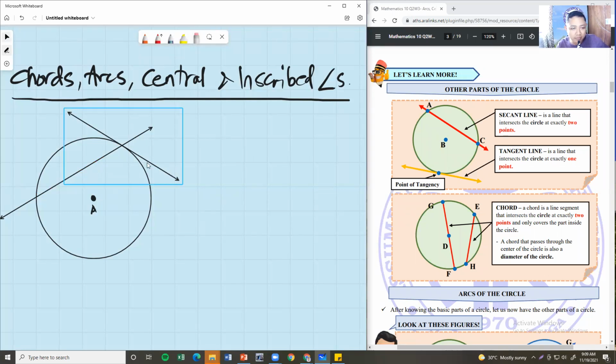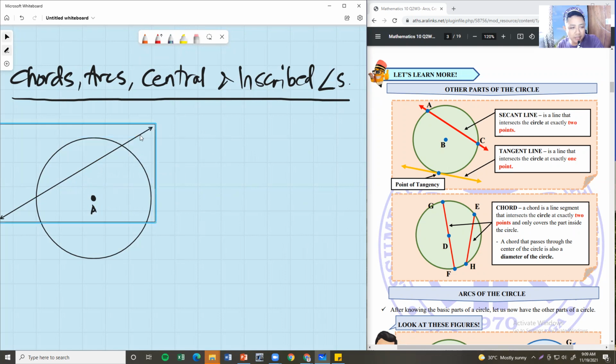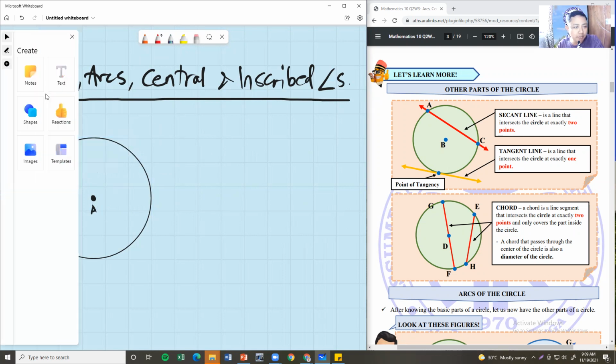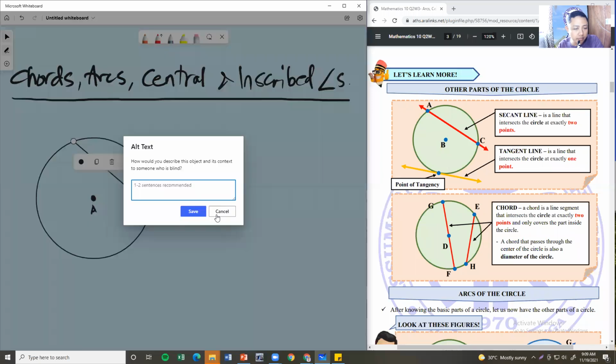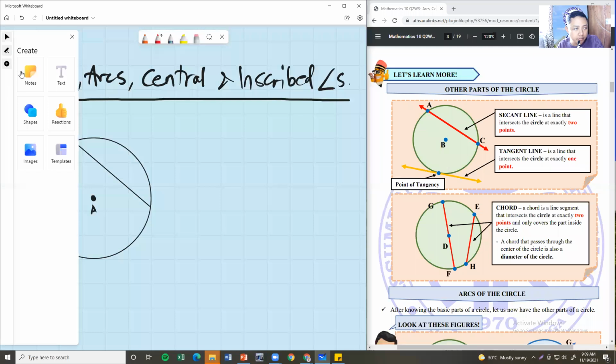Okay. Let me remove this and change my images here. What if we have this? I will show you two line segments.